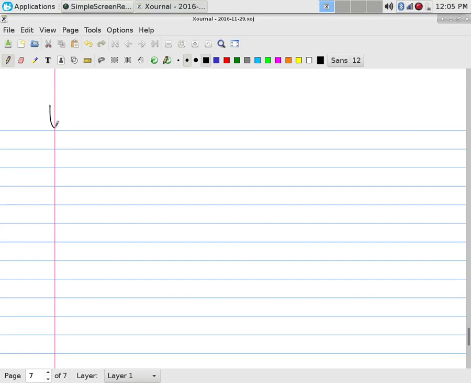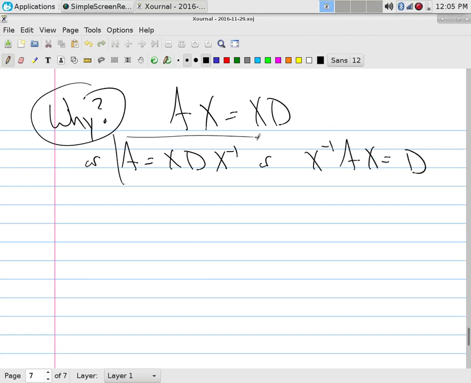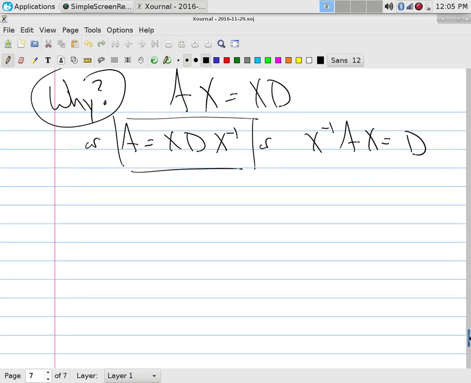Back to the question that was asked. Why is AX equals XD becoming this whole A is equal to XD X inverse, or X inverse AX is equal to D? In particular, we're interested in the diagonal factorization. Why are we interested in these particular types of problems?